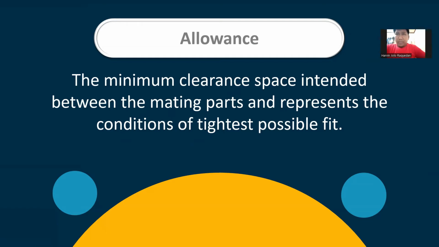When we say allowance, it is the intentional difference of the maximum shaft size and the minimum hole size. Intentional difference means it is designed, the prescribed difference. While the tolerance is the permissible variation, the difference between the lower and higher limits of dimension of parts.